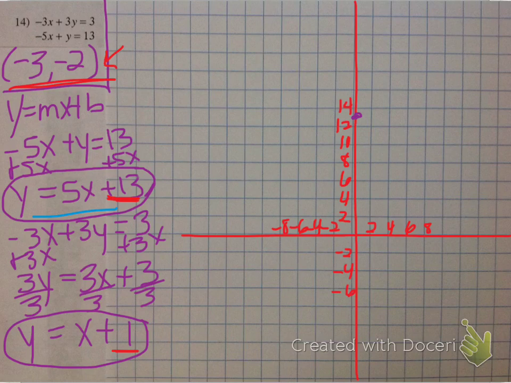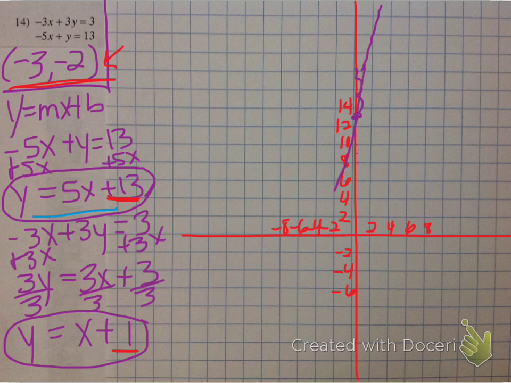Okay, I'm going down, or I'm sorry, I could go up 1, 2, 3, 4, 5, and then over 1. That's my point, should be right there. Okay, and I'm going to go back the opposite way. 1, 2, 3, 4, 5 over 1. So my point should be right there.